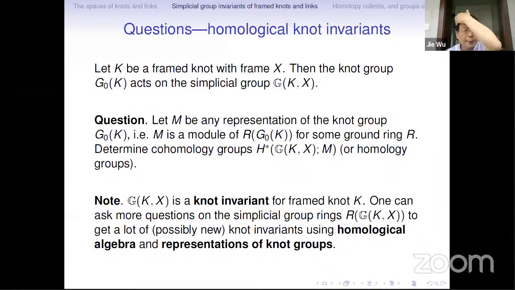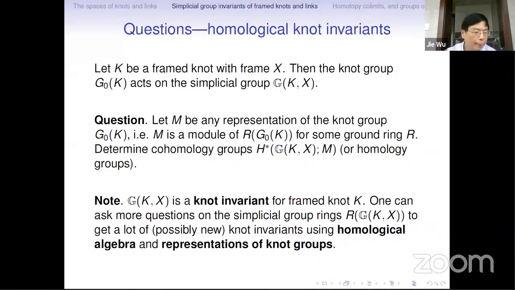Okay, so there are some more. You have some simplicial group on hand. You can look at the homology of representations of knots. Basically, every representation will create some homological information. So this should give a different type of possible knot invariant you can construct.